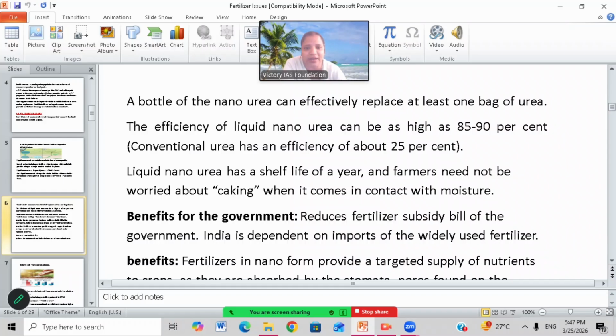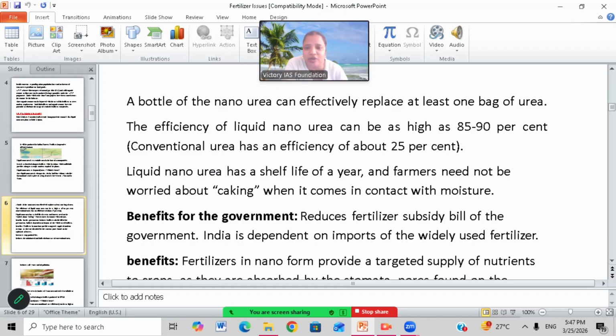In solid form, it can stay only on the land below the plant, but it can't penetrate easily into the land. That's why the efficiency goes down. But in case of liquid urea, it can easily penetrate into the land. It can work on the land. That's why it is more useful, more efficient than solid urea.